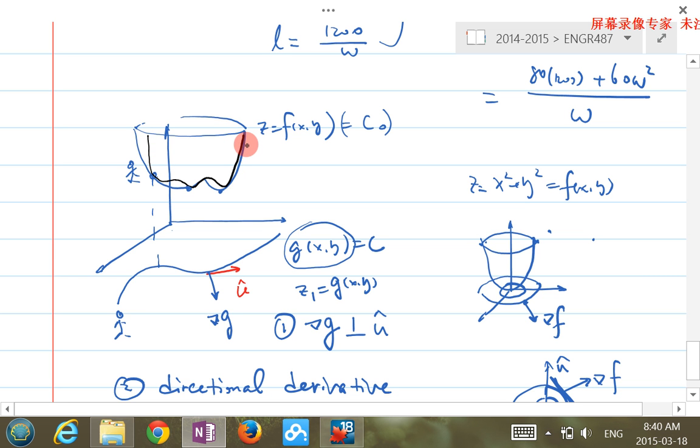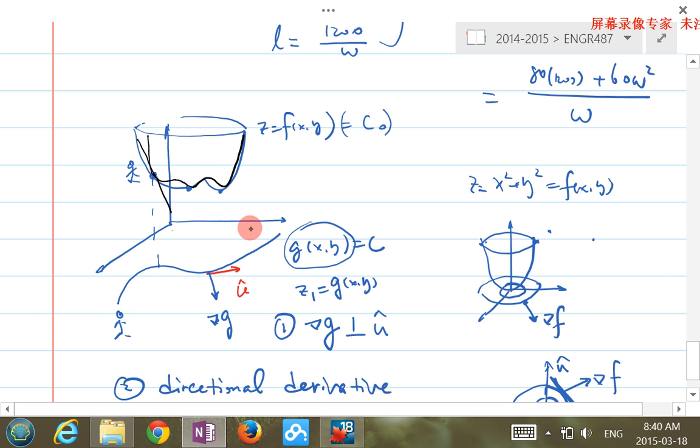That makes sense? If you draw a line, basically a tangent to that curve, you get a slope, right?